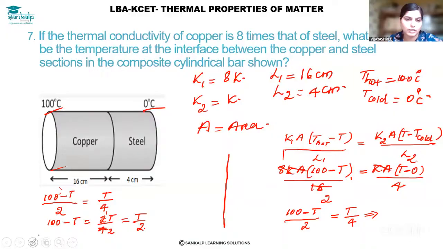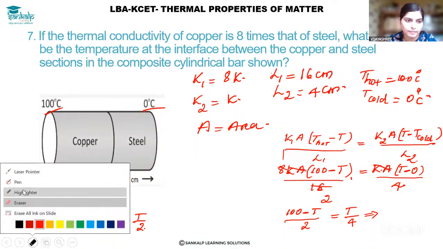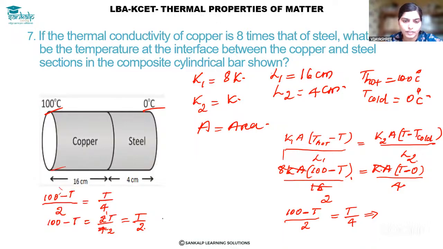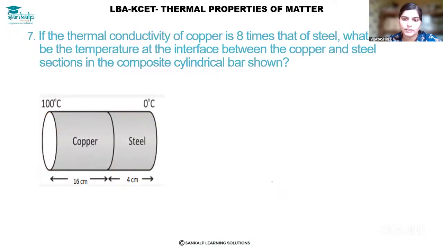Right? So I am going to erase this. Okay. What is it now? 100 minus T is equal to T by 2, right?